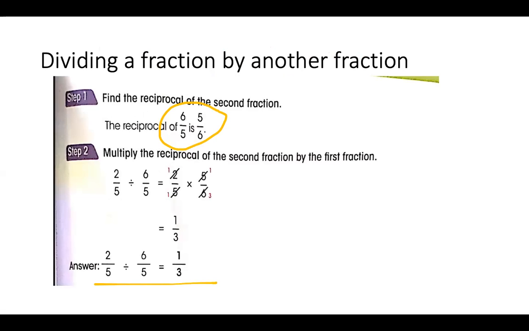First step, you have to find the reciprocal of the second fraction. The reciprocal of 6/5 is 5/6. Okay? Now, you are going to multiply the reciprocal of the second fraction by the first fraction.